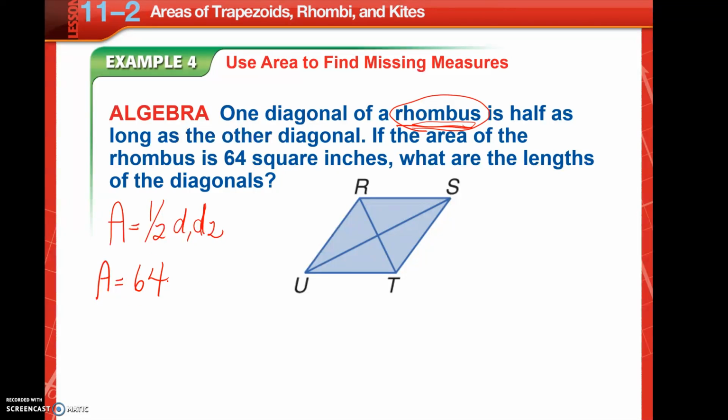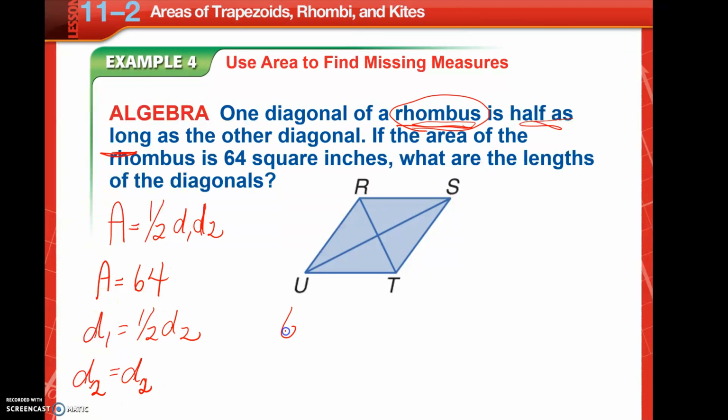And one diagonal of a rhombus is half as long as the other. So let's say diagonal 1 is 1/2 diagonal 2. It really doesn't matter which way we put that. So then diagonal 2 is the only one I don't have an equation for. So now I just have one variable, which is diagonal 2.